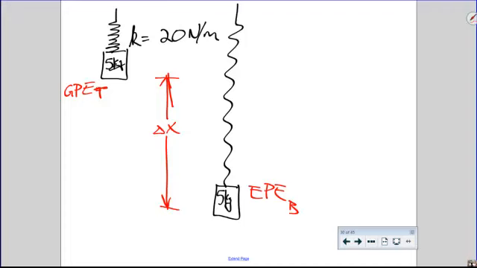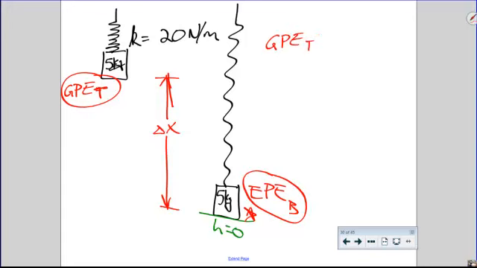We can pick whatever we want to be a height of 0, so since this is the lowest point our object ever gets to, let's call this a height of 0. That means at the bottom there's no gravitational potential energy and no kinetic energy, just elastic potential energy. So in this example, the GPE at the top is equal to the elastic potential energy at the bottom.